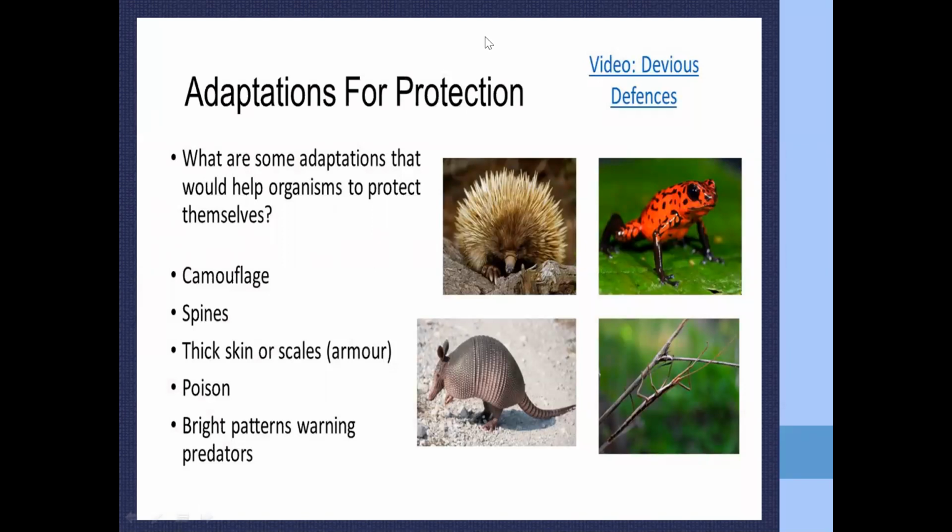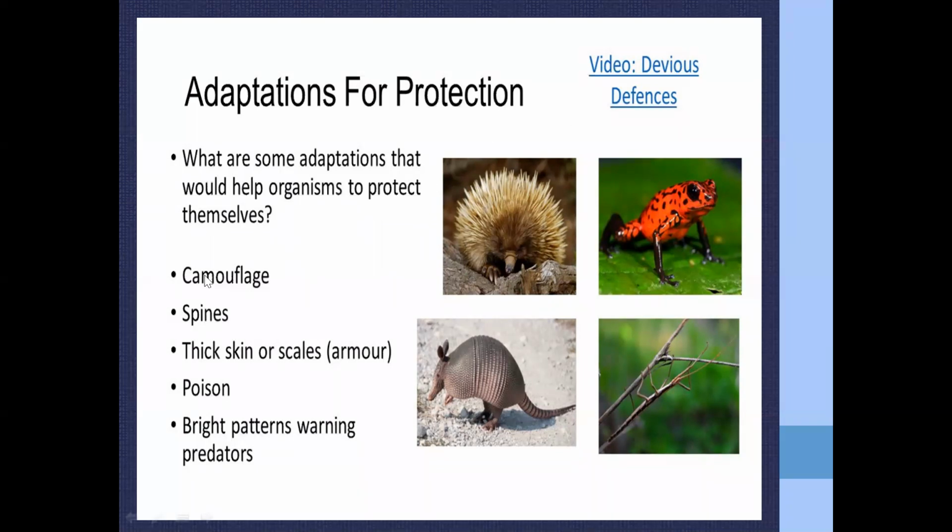There are also some adaptations which help animals to survive in the environment. Okay, so what are they? We have already learned about it, but still we will talk about it right now. What are some adaptations that would help organisms to protect themselves?